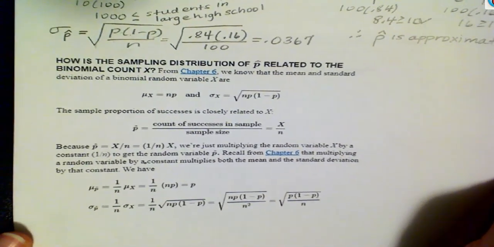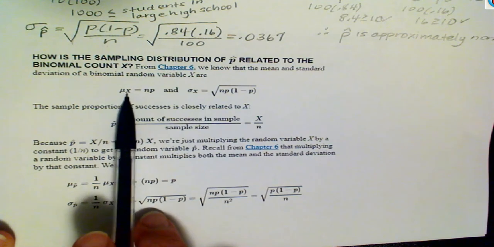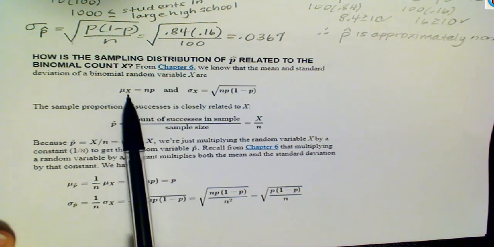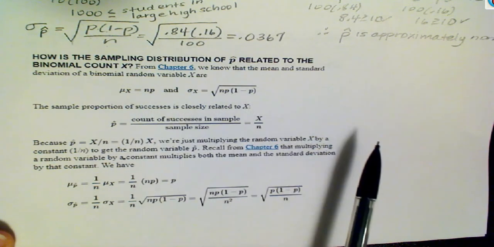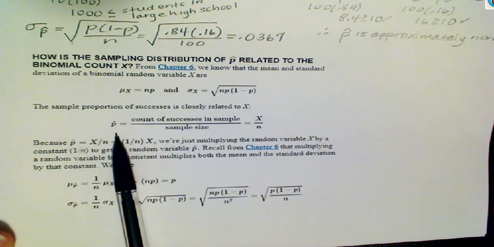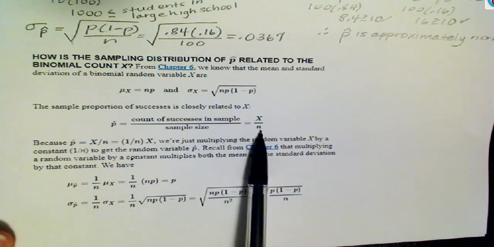How is the sampling distribution of p hat related to the binomial count, like what you did in chapter 6? When we did those binomial distributions, the mean of that random variable is equal to n times p, and this was the formula for the standard deviation. Now, the sample proportion, p hat, is the number of successes over n.